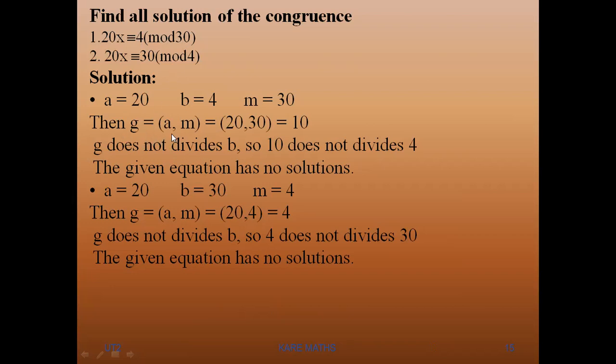G is equal to GCD of A and M, which is GCD of 20 and 30, that is equal to 10.